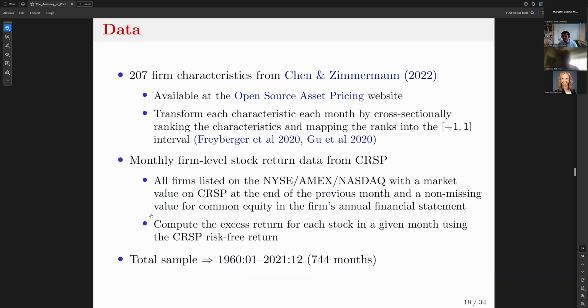Our empirical application is very strong. I am certain that there are better applications out there, but again, that wasn't really the purpose. We wanted a strong empirical application because when you look at this Chen and Zimmerman data, it's a really nice data set, right?